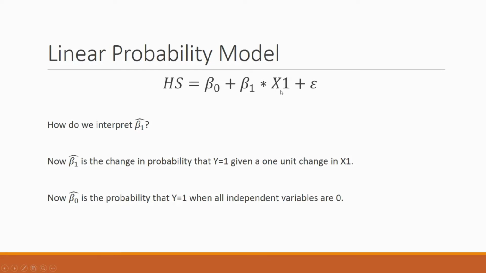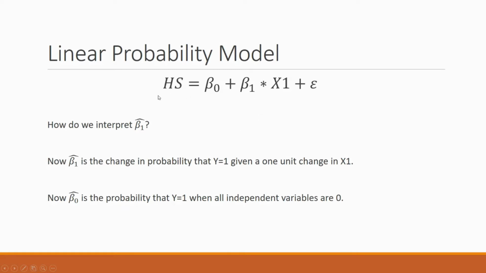As their grades go up, beta 1 hat gives you the effect that an increase in your grades has on the probability that you will have a high school degree. So beta 1 hat is a measurement of the effect of a change in the independent variable on the probability that someone will have a high school degree in this example.